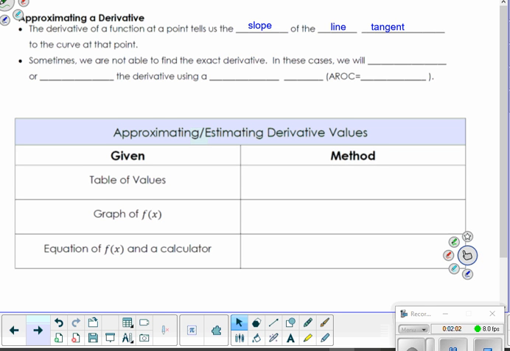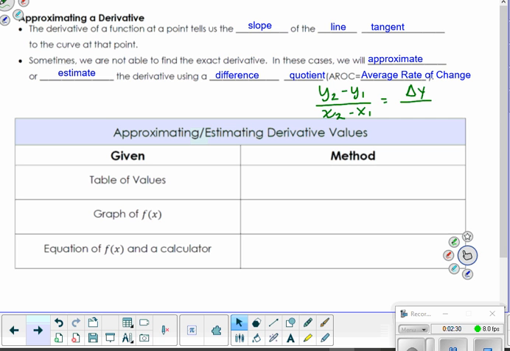Sometimes we're not able to find the exact derivative, and in these cases we will approximate, or you could say we would estimate, the derivative using a difference quotient, or that slope calculation, y2 minus y1, and looking at it as AROC, the average rate of change. If you wanted to, you could even note this to yourself, y2 minus y1 over x2 minus x1, or if you think it's quicker, you can say change of y over change of x.